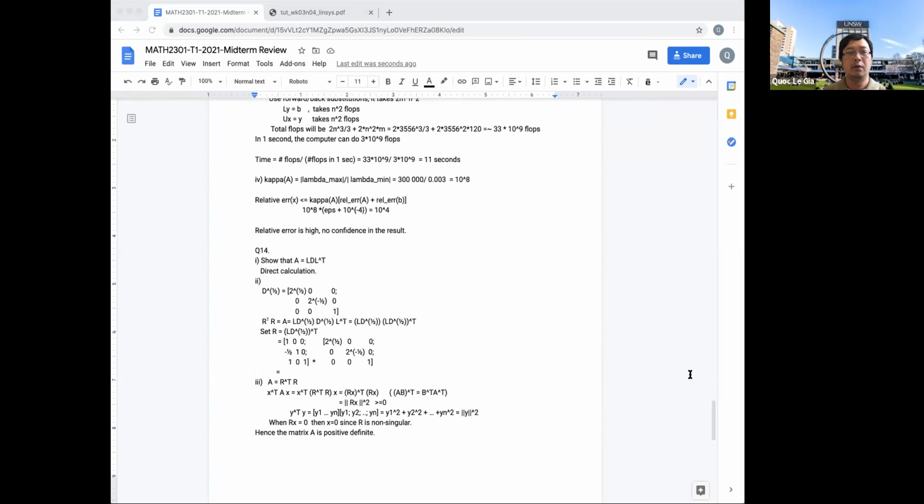Suppose L is 1 0 0, minus a half 1 0, 1 0 1, and the square root of D is square root of 2, 0, 0, and 1 over root 2.